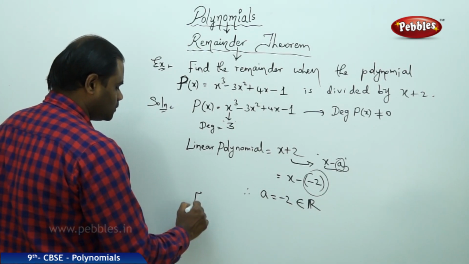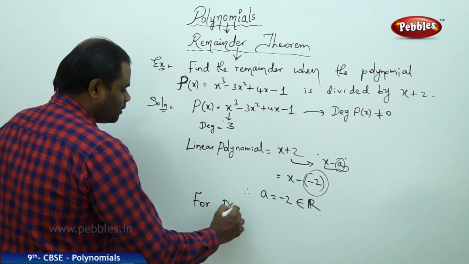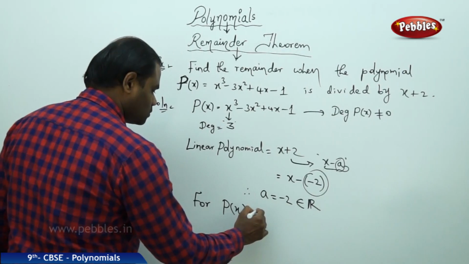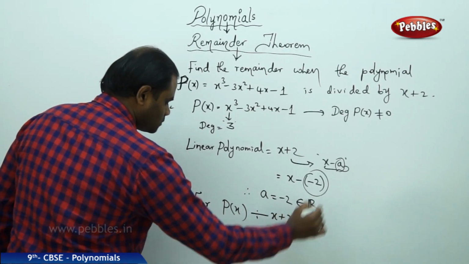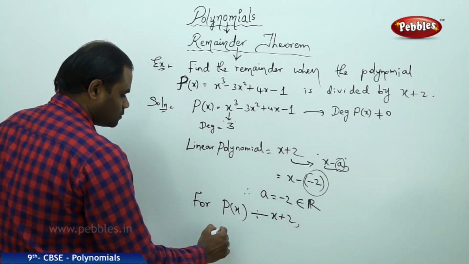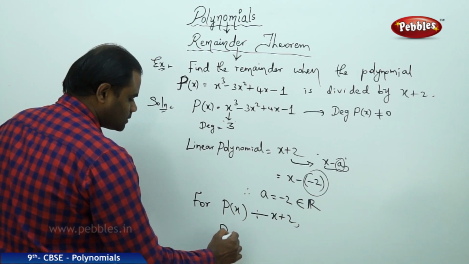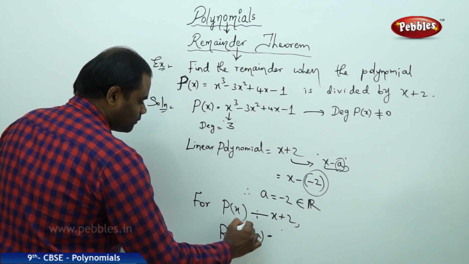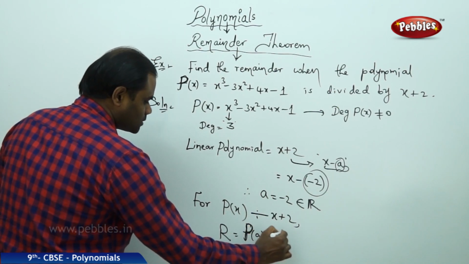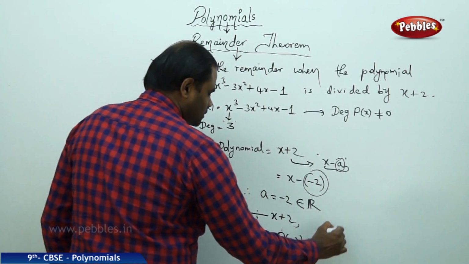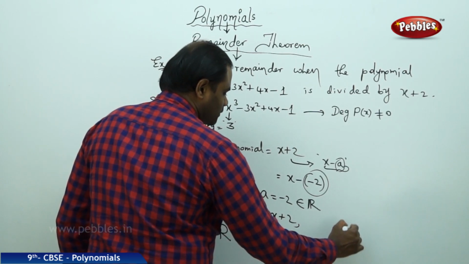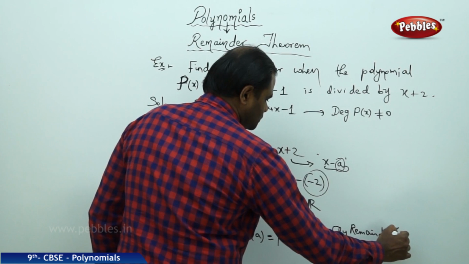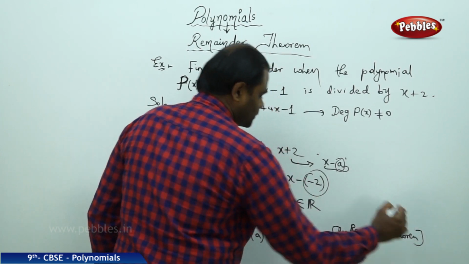Now, for the polynomial p of x, when divided by x plus 2, the remainder is f of a, or p of a, or this is p of minus 2. This is strictly by the remainder theorem.